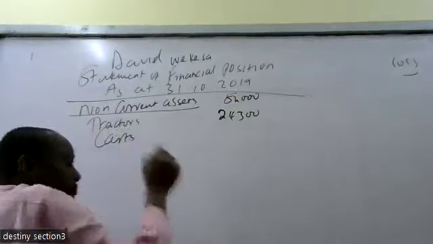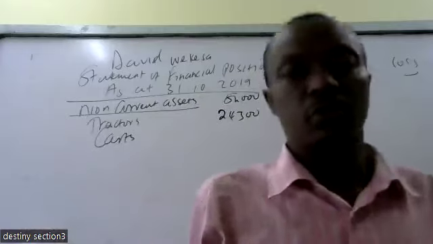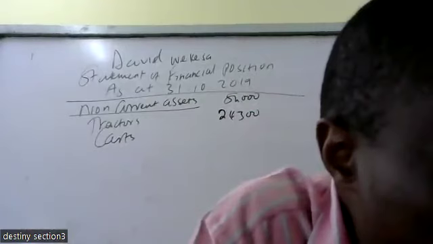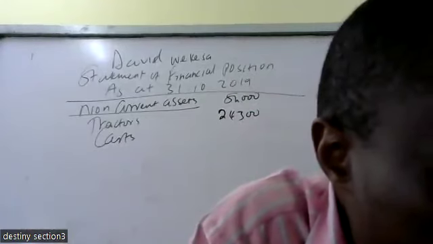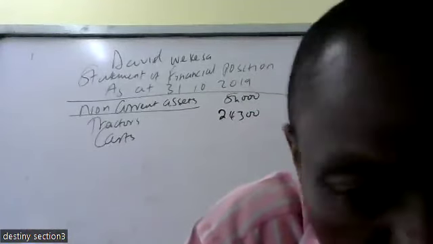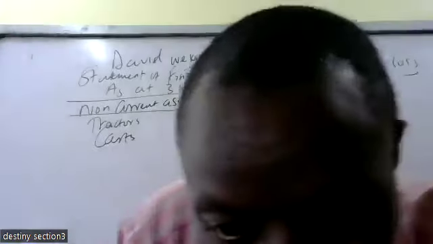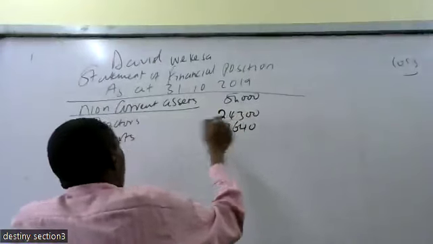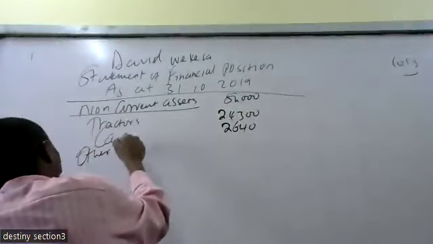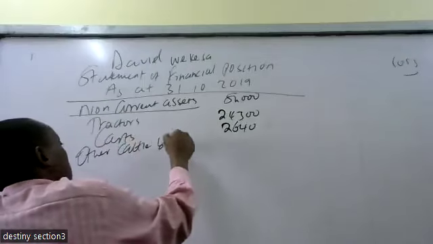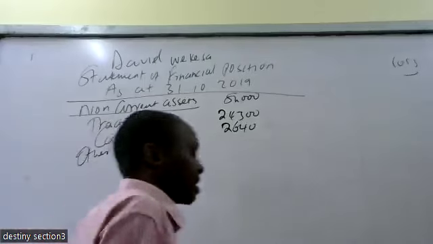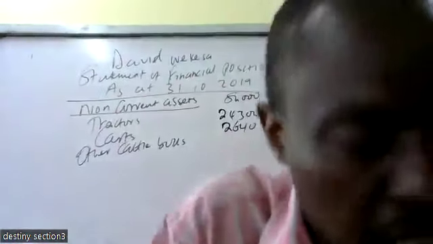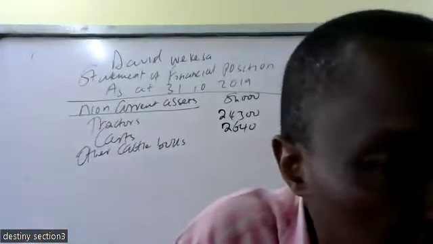Cattle, do the same for cattle. $26.40. Other categories which are indicated in the trial balance, not the ones indicated in the closing inventory.